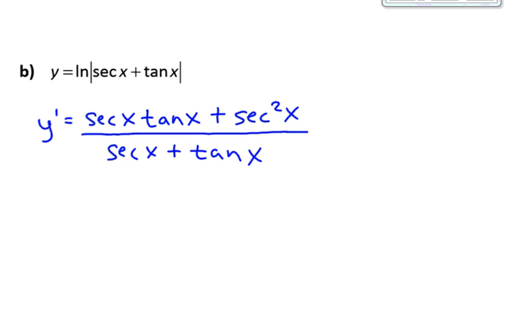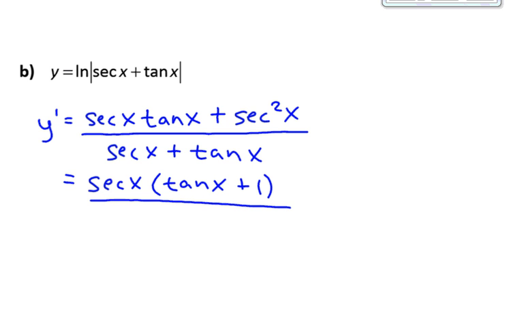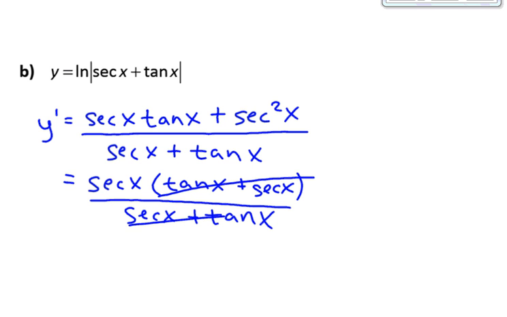So now what you can do is you can factor out a secant x in the numerator. Oh, I'm still getting it wrong. Sorry, guys. That should be secant. And now you can see that when I factor that, there's a factor in the numerator and a factor in the denominator that can cancel out, leaving me just with secant x.